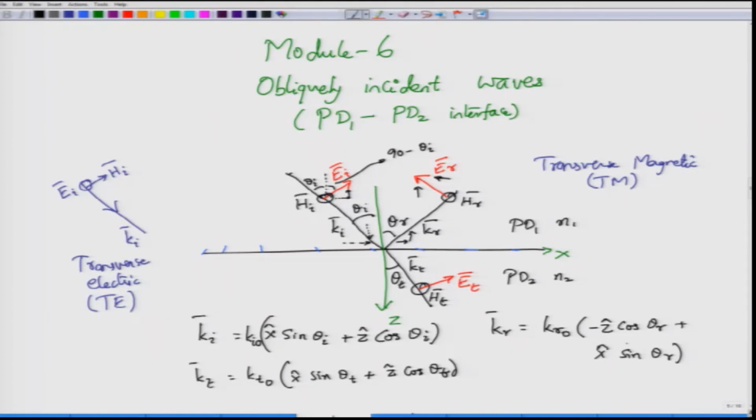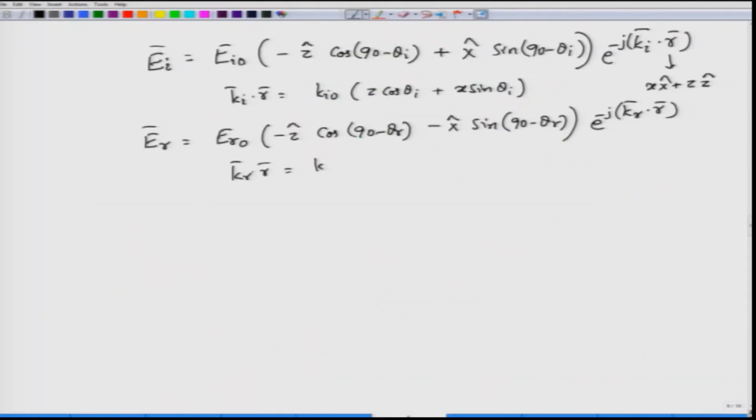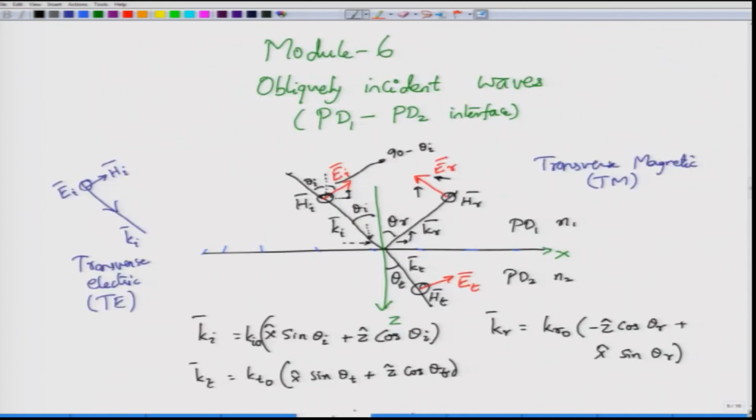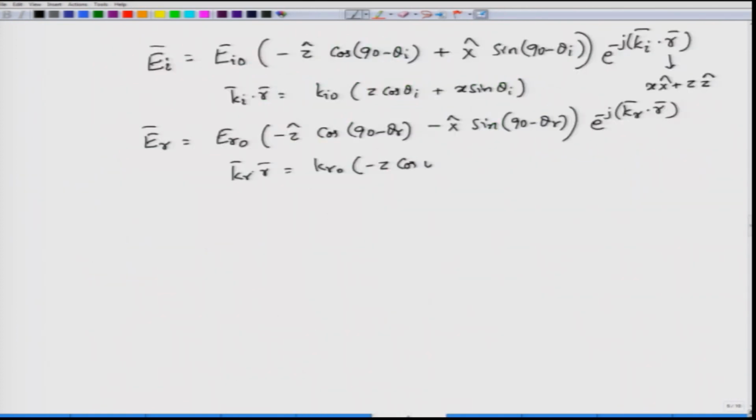So, you can calculate that. That would be kr0, the magnitude, times minus z cos theta r plus x sin theta r. So, this expression goes into the exponential. Shall I leave the transmitted electric field as an exercise for you?